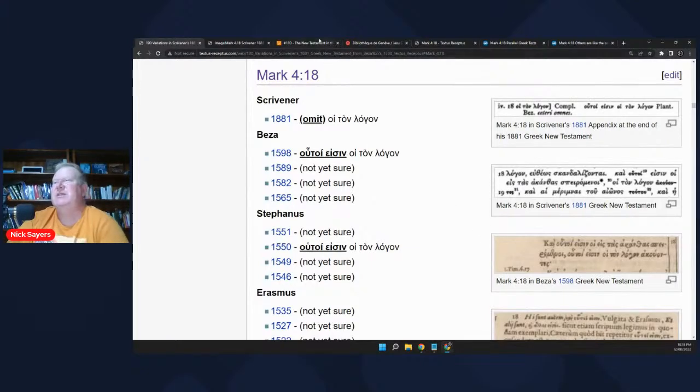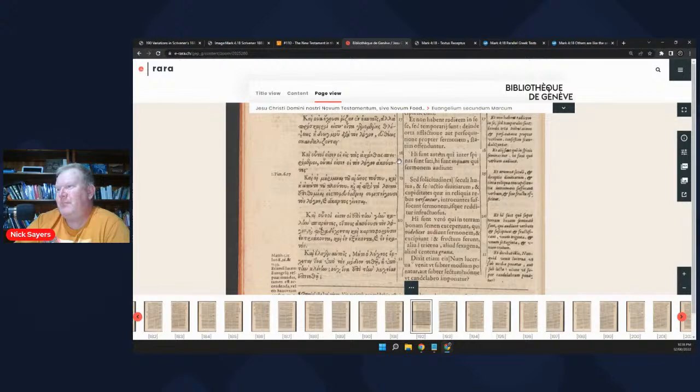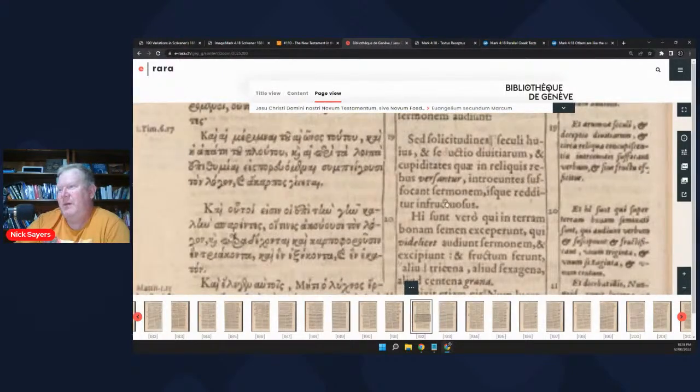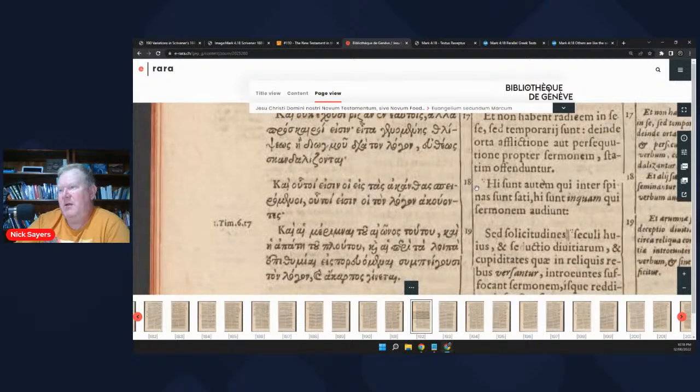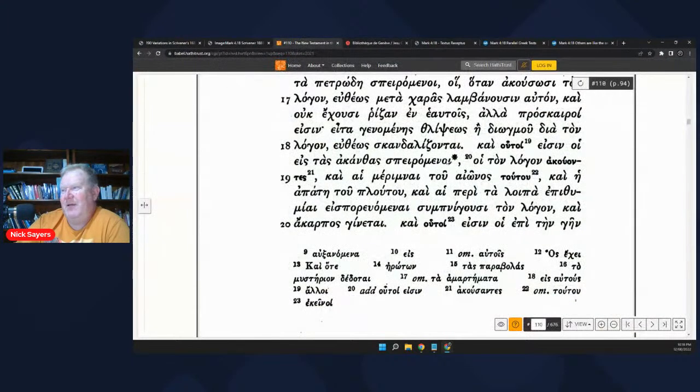We've looked at Scrivener's. Let's look at Beza. Let's see what Beza's got. Oti Esin Iton Logon. So it has those extra words in it. They're the ones that are taken out where the asterisk is.